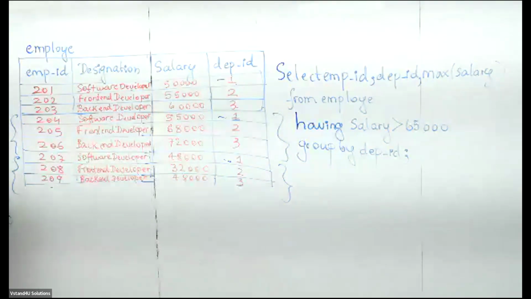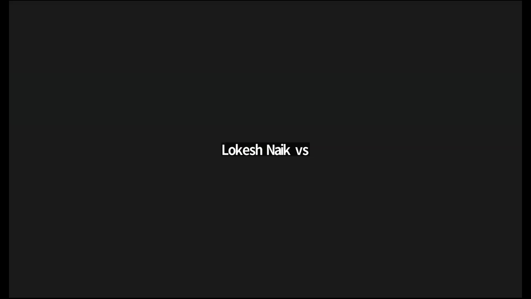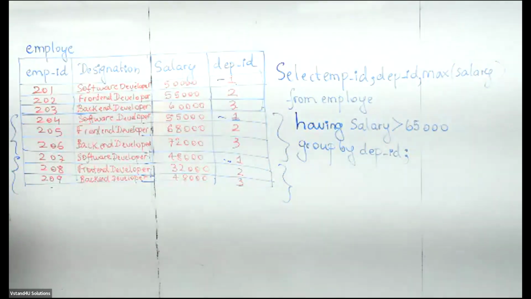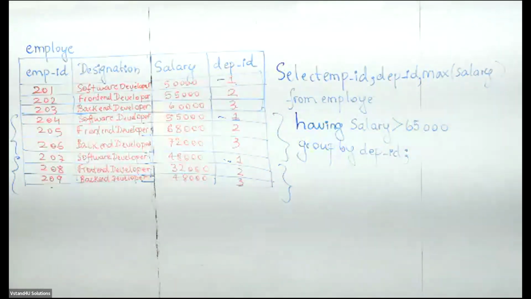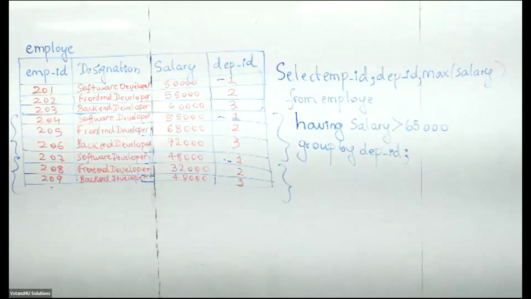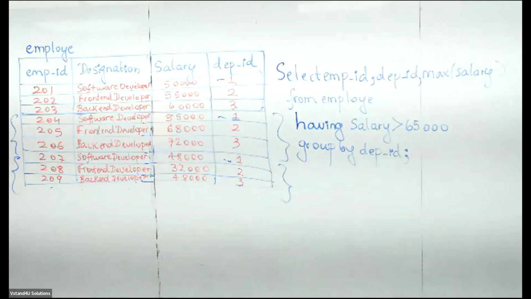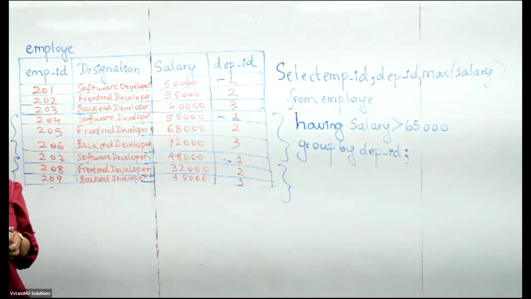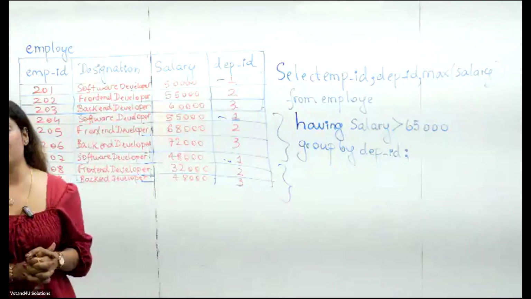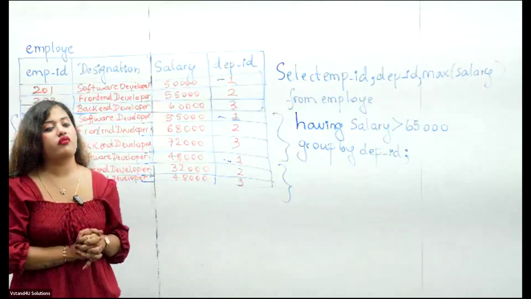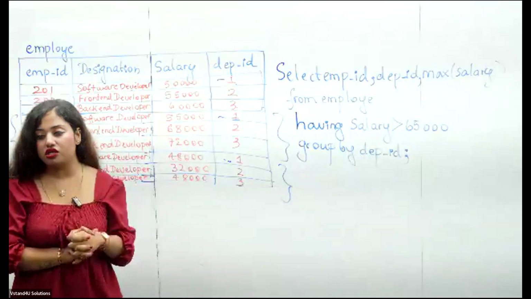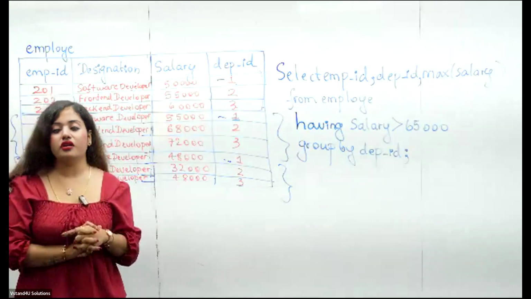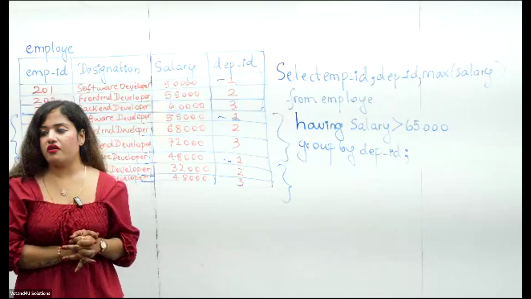Clear? Lokesh, you're not audible. Type in the chat box. So, in group by clause, whenever you want to apply any condition, you will not use where clause, you will use having clause.